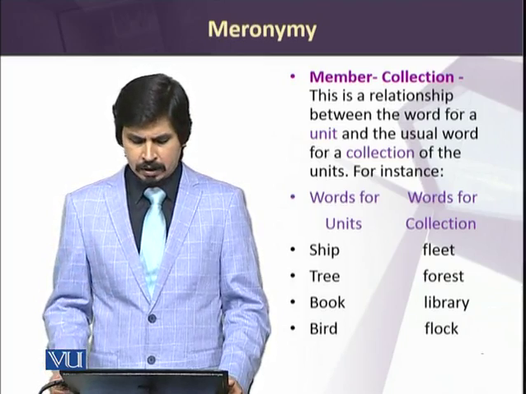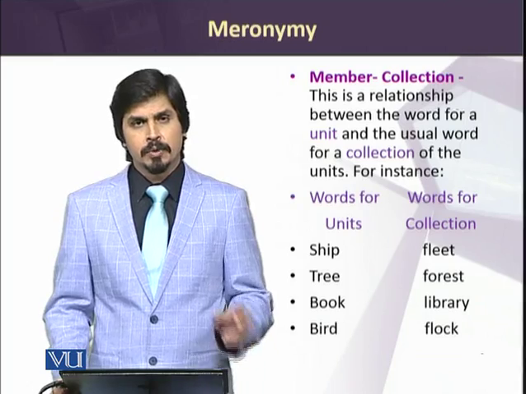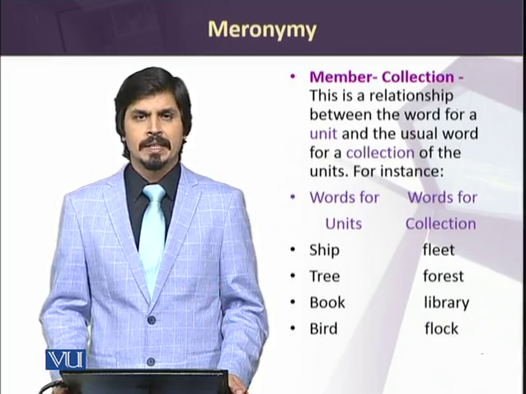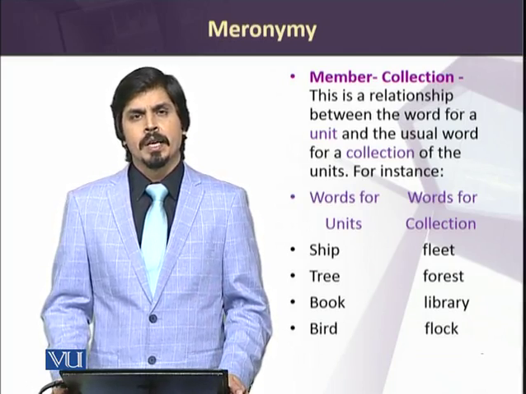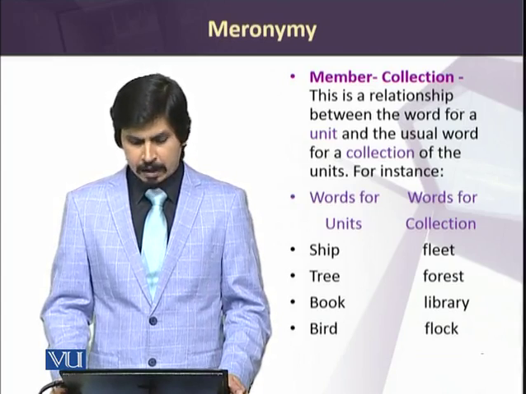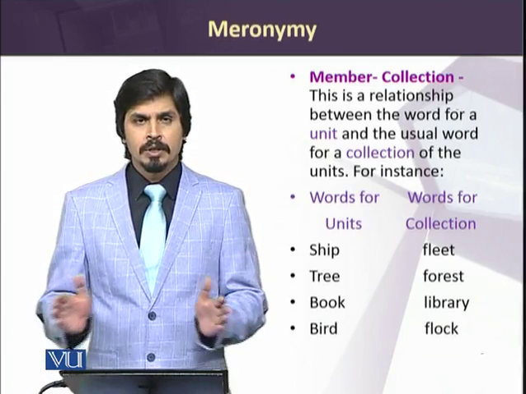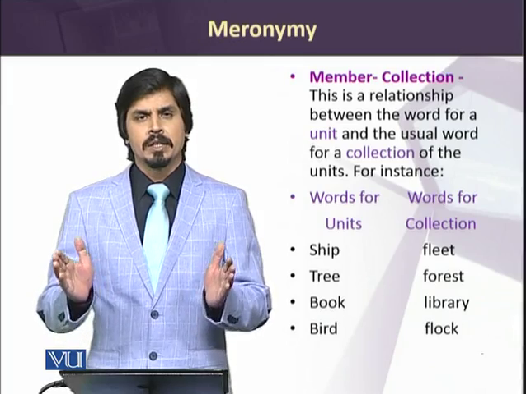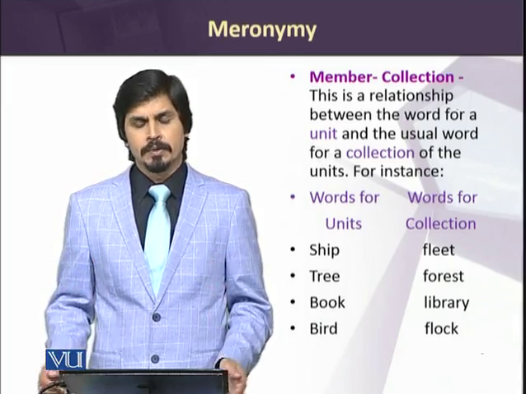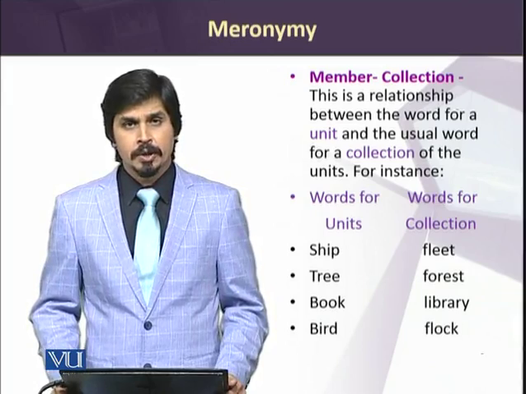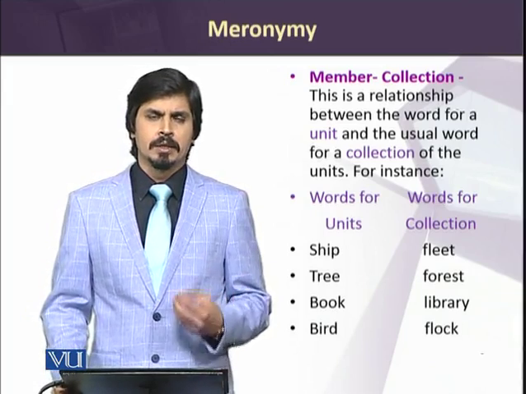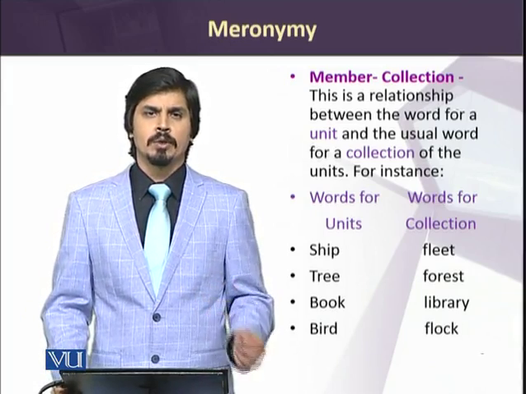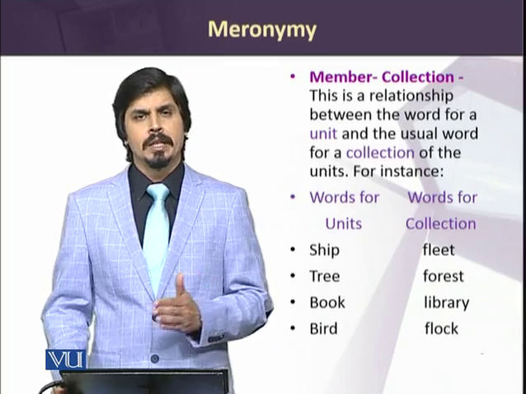Similarly, we can have other things falling in the same relationship. For example, a tree and a forest, a book and a library, and a bird and flock. So all these examples you can find, they are in a relationship of member and collection, and they are slightly similar to the part whole relationship which we find in meronymy.